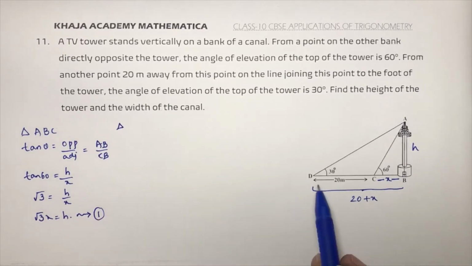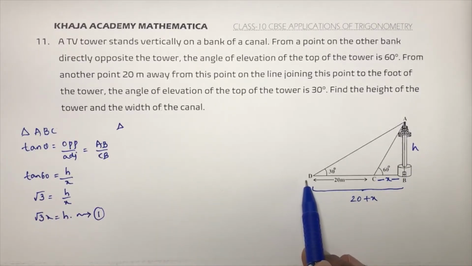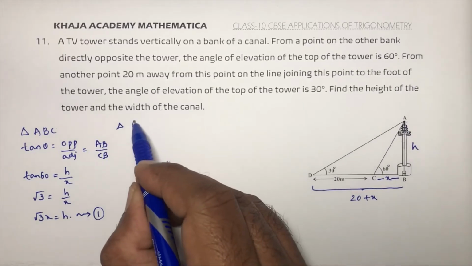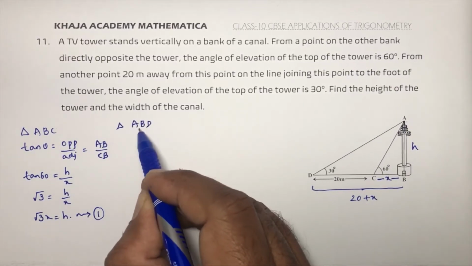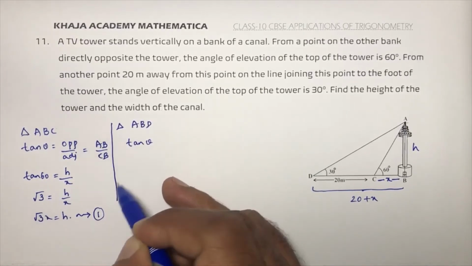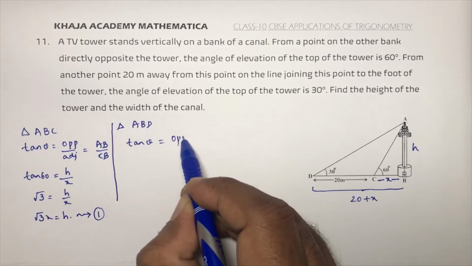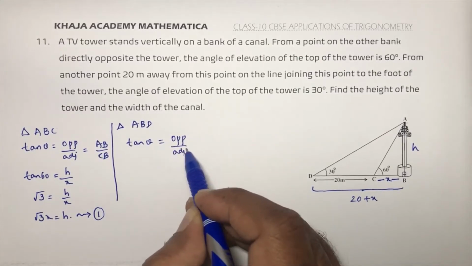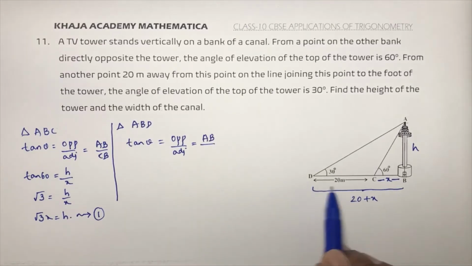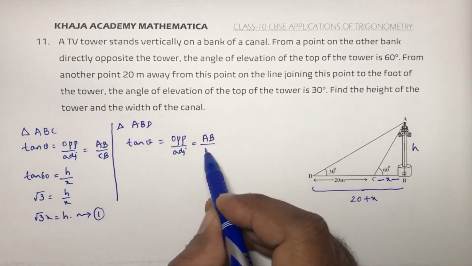In triangle ABD, tan theta is opposite by adjacent. Opposite is AB, adjacent will become DB.